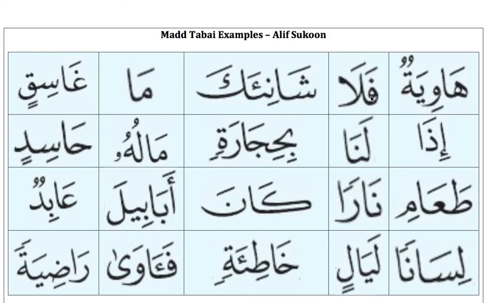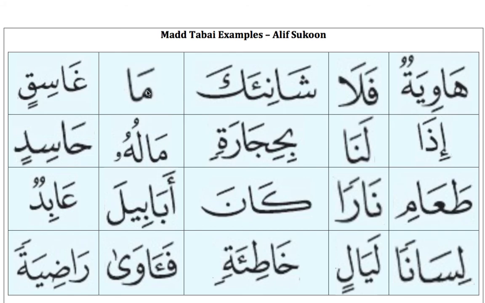Next, فا فتحة ف لام فتحة ألف سكون لا فلا. Next we have شين فتحة ألف سكون شا نون كسراني شاني همزة فتحة أ شانئة كاف فتحة ك شانئك.